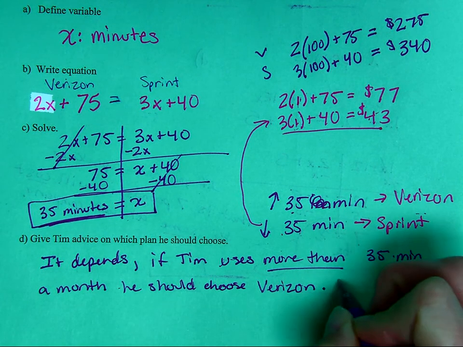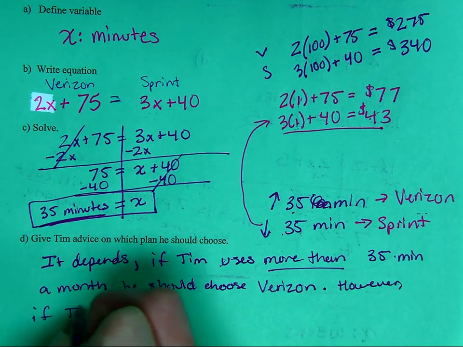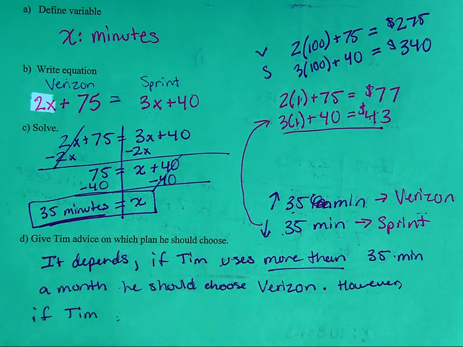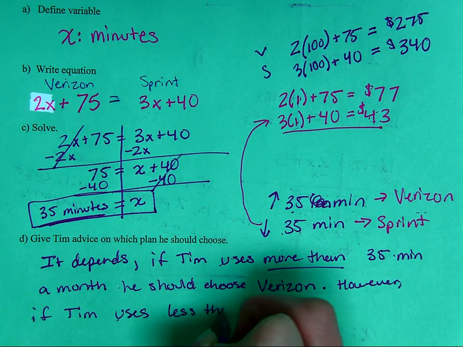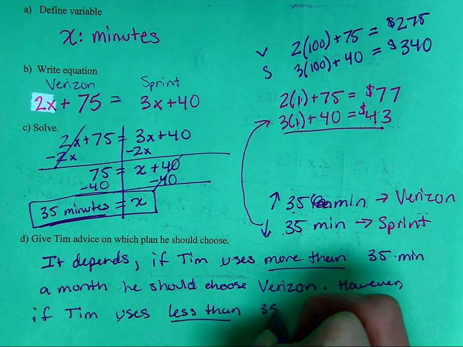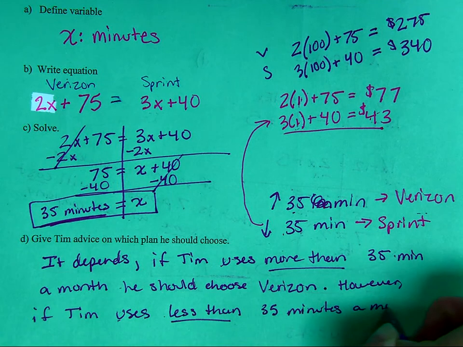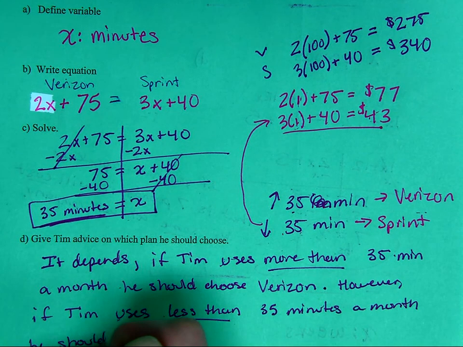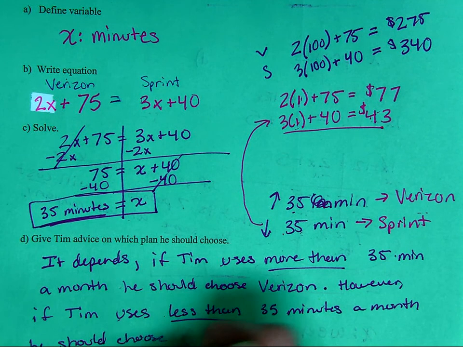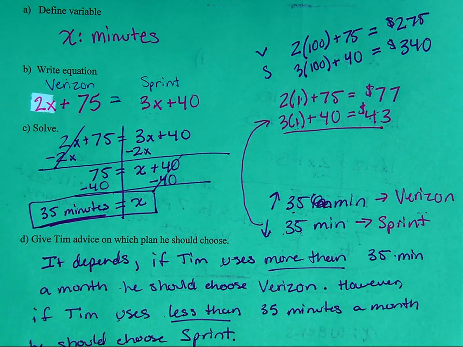However, if Tim uses less than 35 minutes in a month, he should choose Sprint.